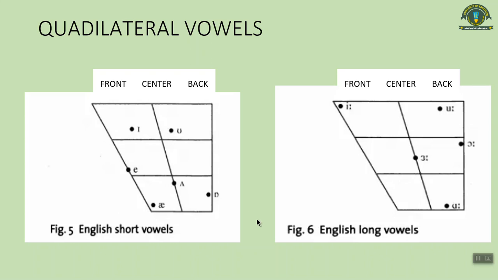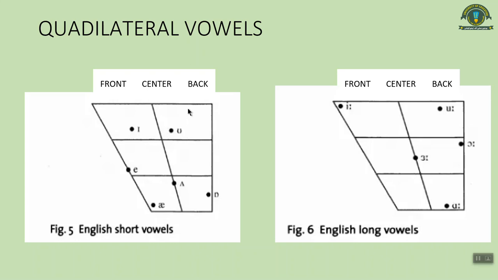So this is just sort of revision of what you had already studied in the course of phonetics and phonology. So this short E sound is a front vowel because the front part of the tongue is raised when we are pronouncing it. This short O is a back vowel.